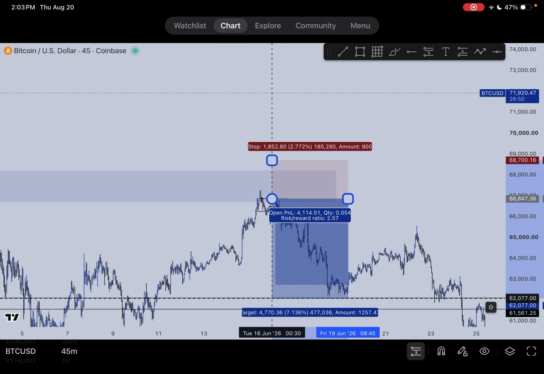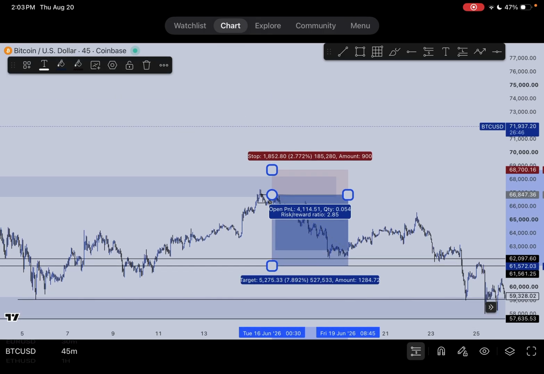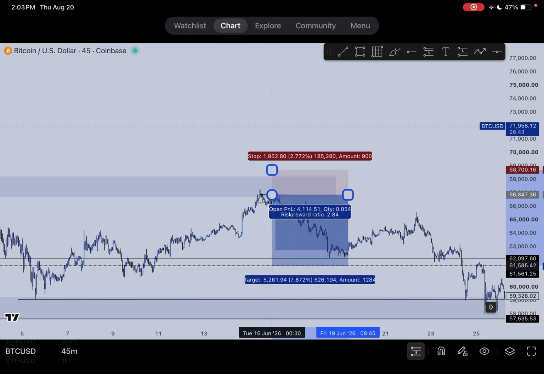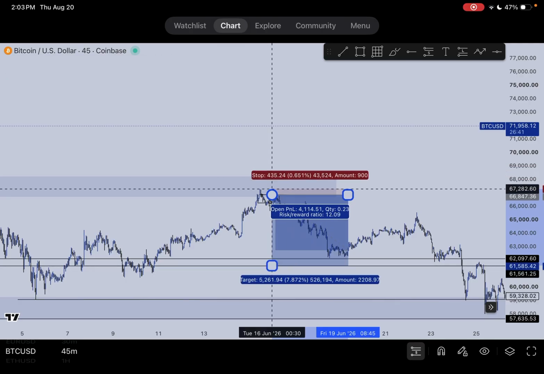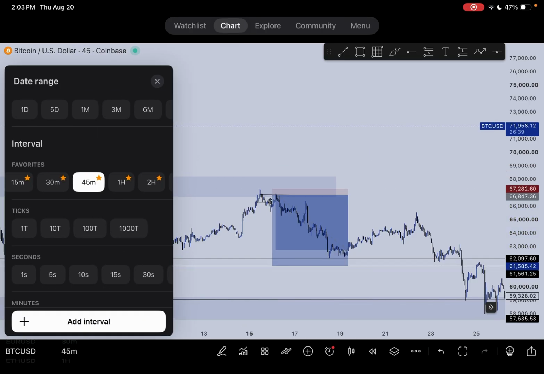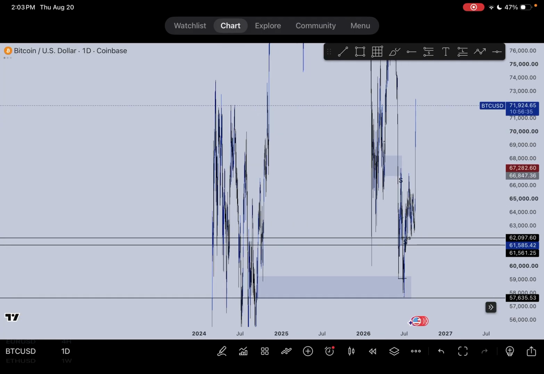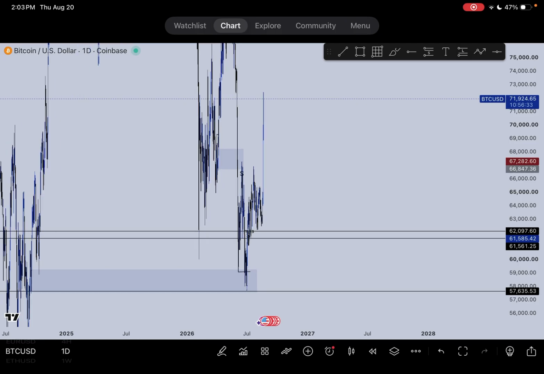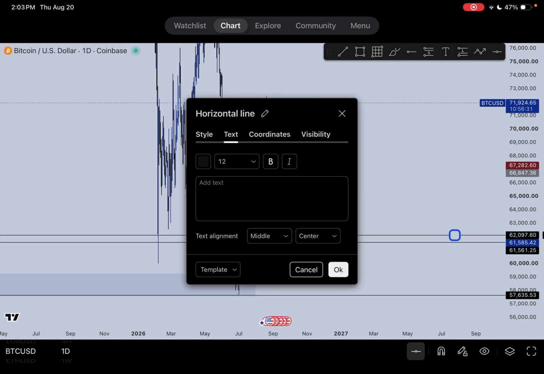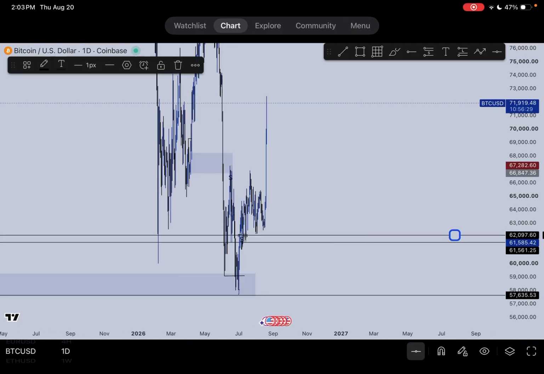Take profits. Was that the low we are targeting? We have too many drawings here. Which low are we targeting? Okay, let's take this out. Let's take this out as well.